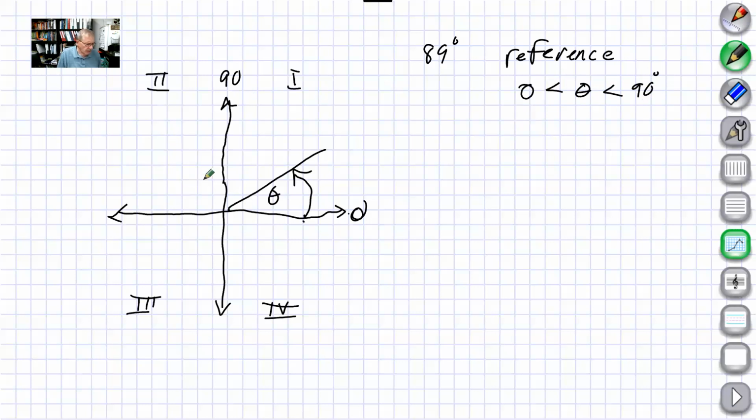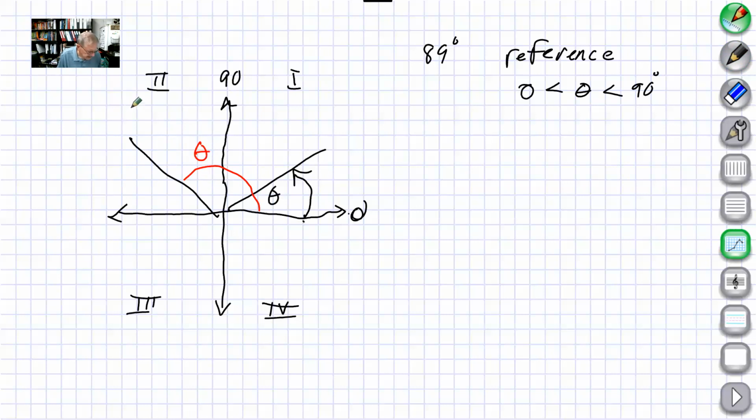So what if we're in the second quadrant, and we have an angle in the second quadrant? Let's draw it out so you can see it a little better. Draw an axis. If I went all the way around like this, that would be in the second quadrant. This angle right here would be theta.